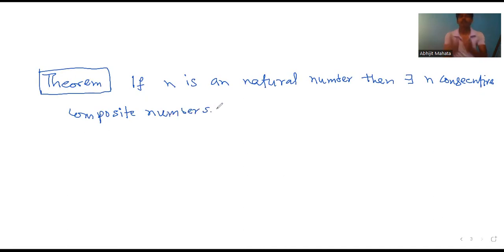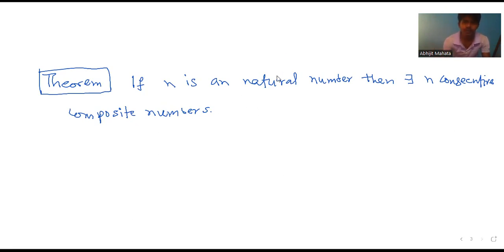So this means for every natural number n we can find n consecutive composite numbers. In between those composite numbers there is no prime number. So this means that if you take larger n, the gap between two consecutive primes becomes larger and larger. That is the idea here, basically.